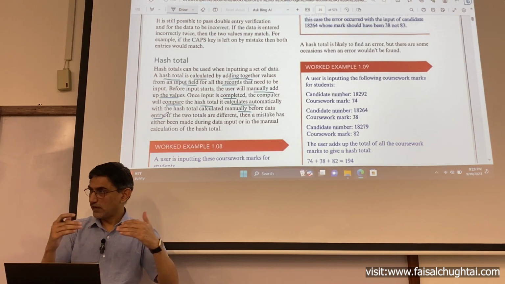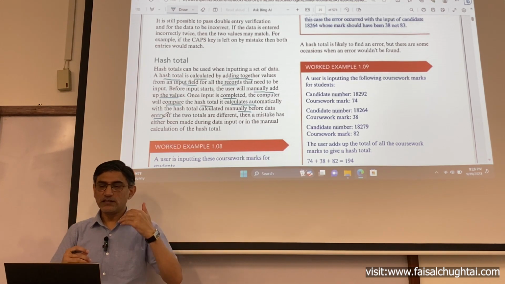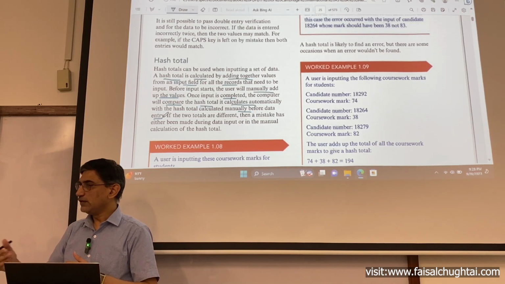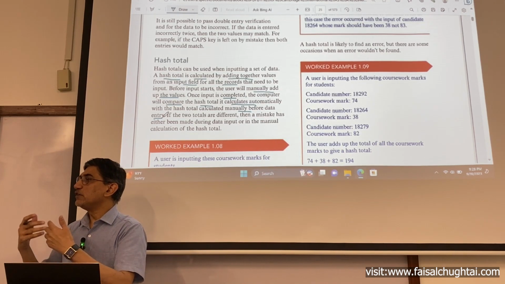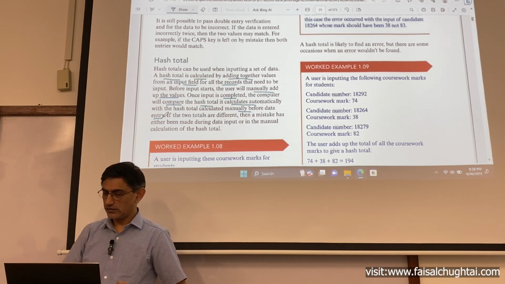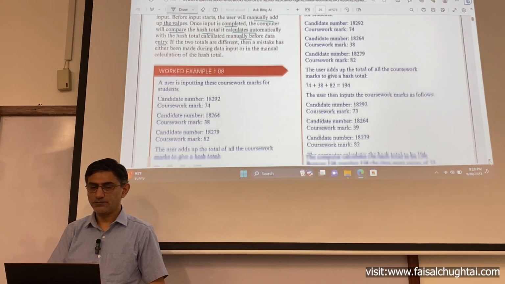The totals should match. If the totals match, this would mean that the data has been accurately typed in, or it has been accurately transmitted without any errors. It would be further more clear when we look at this example. It might be a little confusing for you right now. So let's have a look at an example.